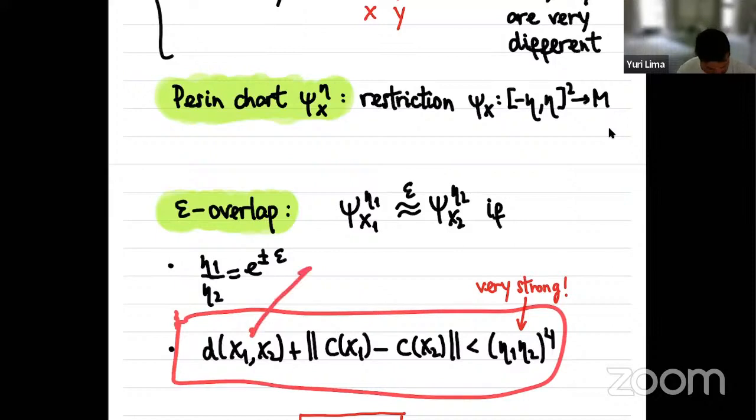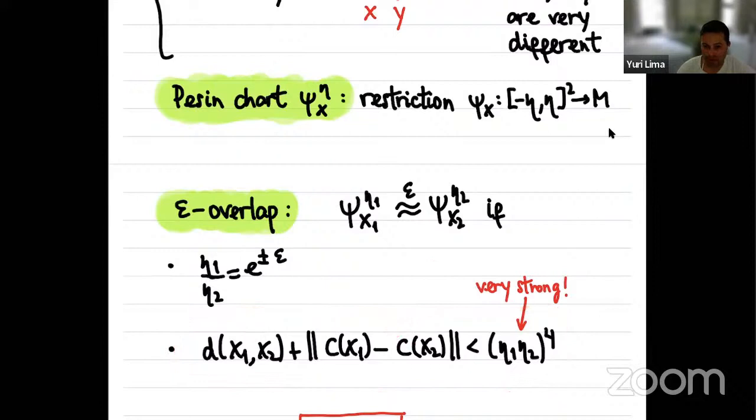So the closer the points have to be, and the more similar the matrices C have to be from both points. So this is a very strong assumption that does not occur whenever you get just two nearby points. You need to have more things close to each other associated to the points x1 and x2.